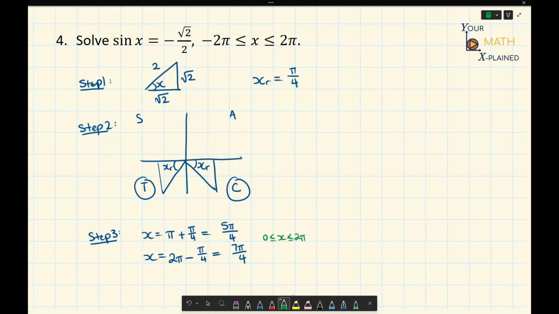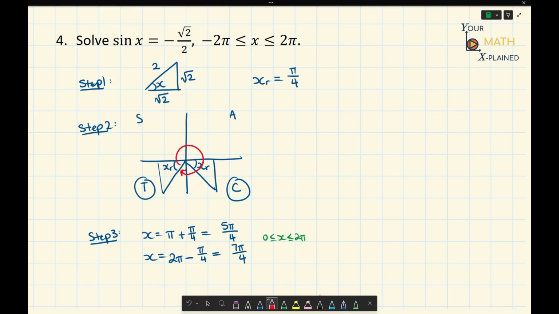So since our actual domain is negative 2 pi to 2 pi, that means we need to find the solutions within one negative rotation as well. So this tells us that for each of these two answers, we're going to go one full negative rotation, i.e. we're going to go clockwise one full rotation.